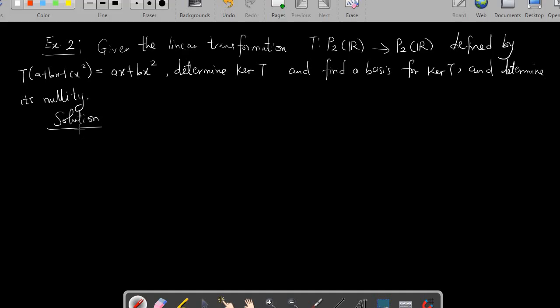Now look at this question. The first thing is you want to find your kernel, and this time around you have a polynomial, so you have to understand what a zero polynomial looks like to understand how to model your kernel.